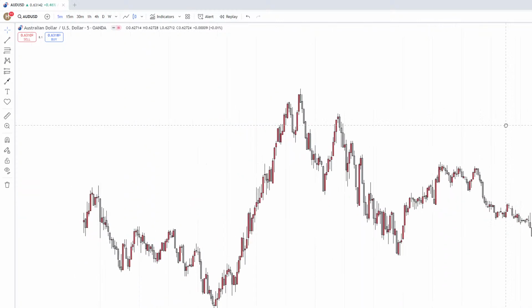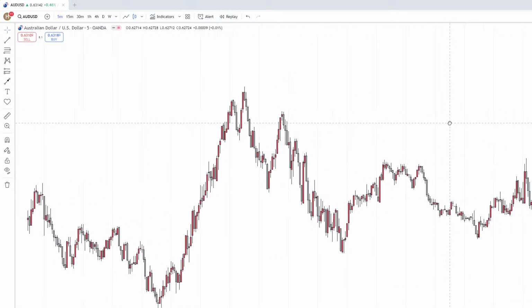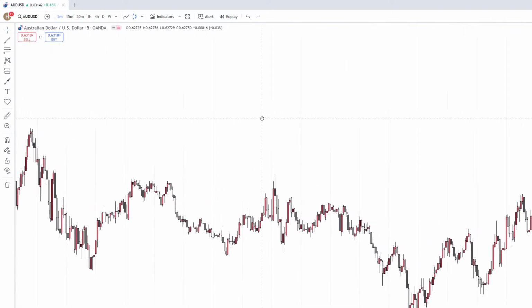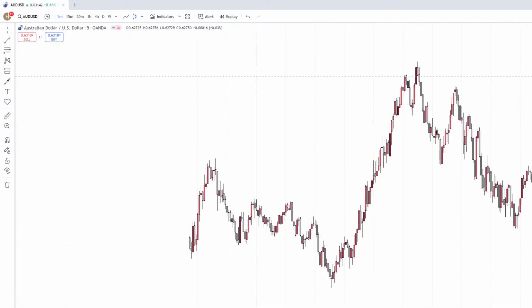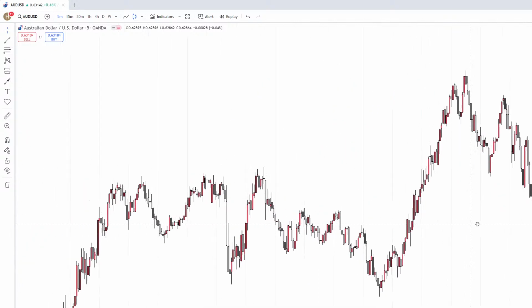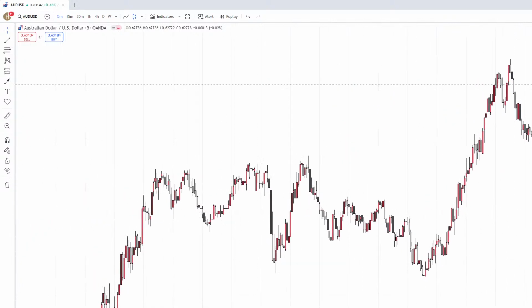Okay. So first of all, we are going to look for a reactive zone. We are going to look for a high and a low. Looking at this particular area over here, you can see we have a high over here, and then we have a low over here.